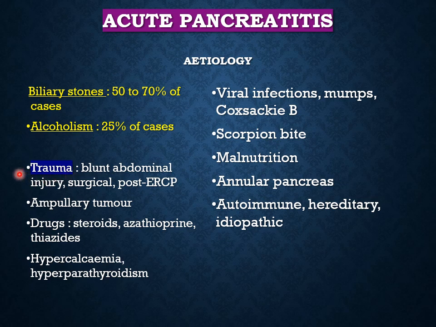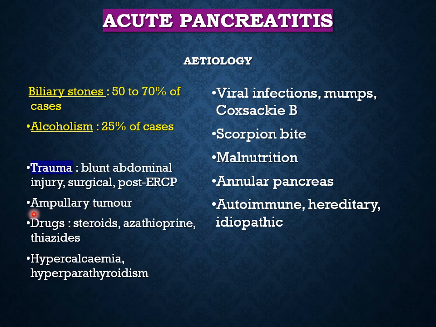And others include trauma, such as blunt abdominal trauma, resulting in injury to the pancreas and the pancreatic ducts. Surgical trauma, especially post-operation in the region of the pancreas, and also post-ERCP, which is becoming an important cause of acute pancreatitis due to the wide use of ERCP these days.